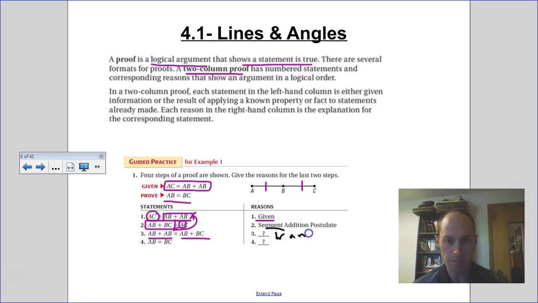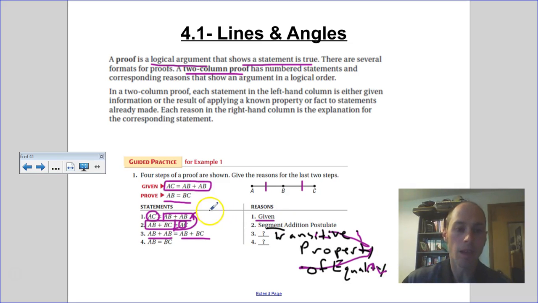The transitive property of equality. Okay, and then from there, I see that I have AB on both sides of the equation.